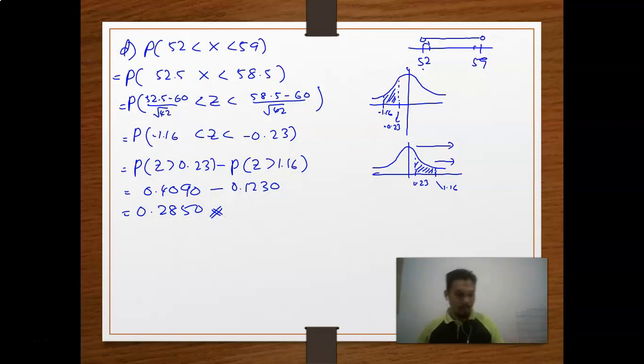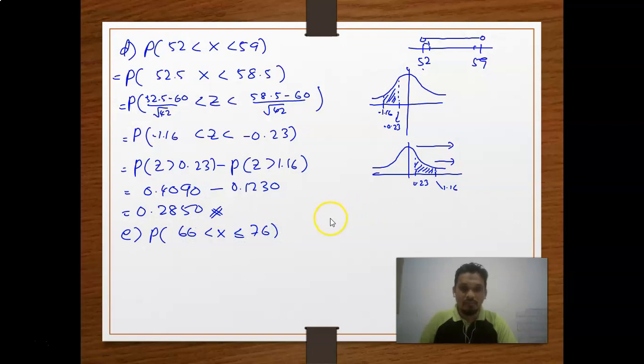Next one, E. The probability of X greater than 66 and less than or equal to 76. It does not include 66, so we take a step of 0.5 to the right, and this one includes 76, so we take 0.5 step to the right.